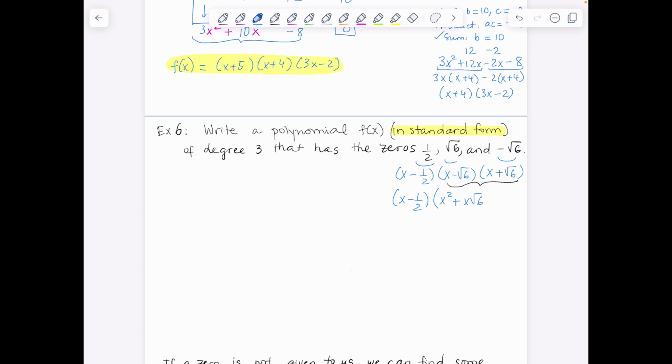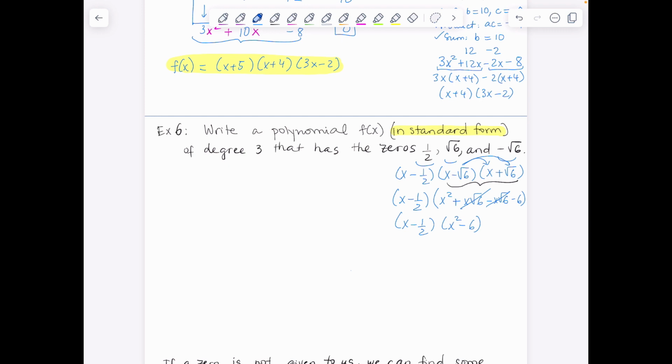And then the middle two, negative square root of 6 times x is going to be negative x times square root of 6. And then negative square root of 6 times positive square root of 6 will give us negative square root of 36, which will give us minus 6. Notice that these two middle terms cancel, so you have x minus 1/2 times x squared minus 6.